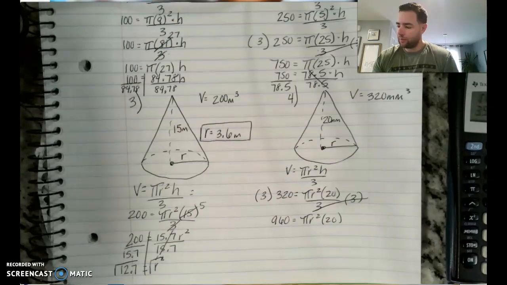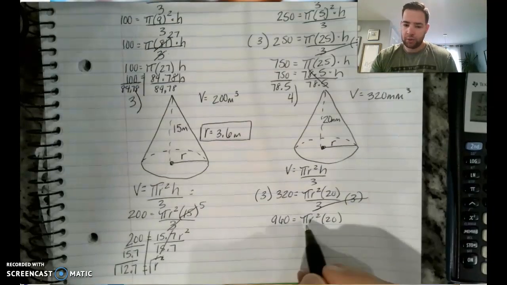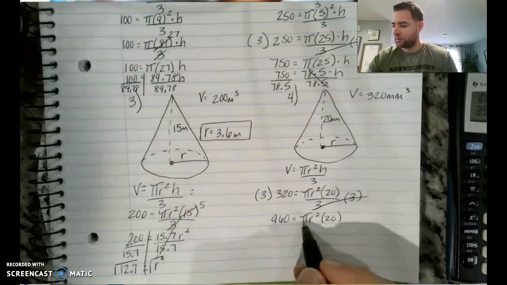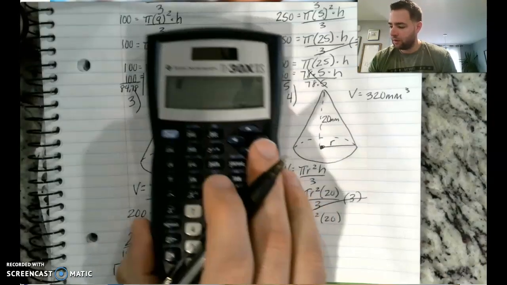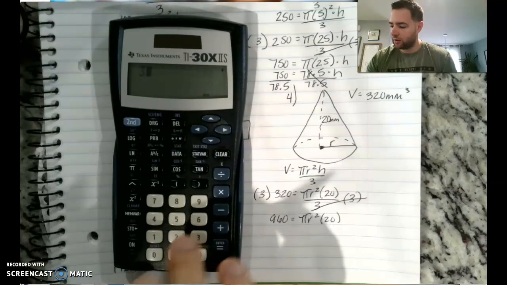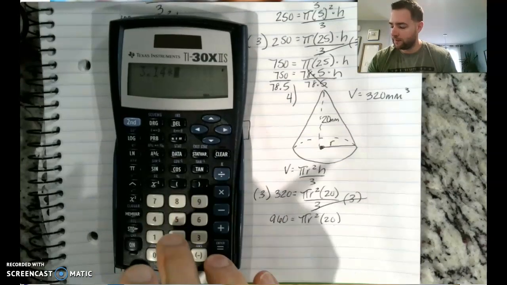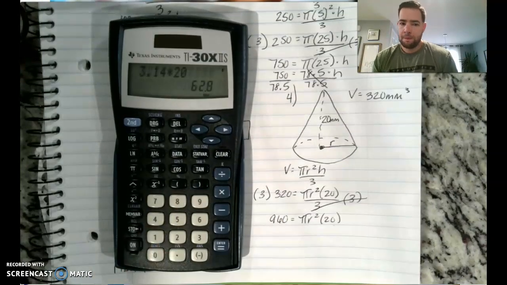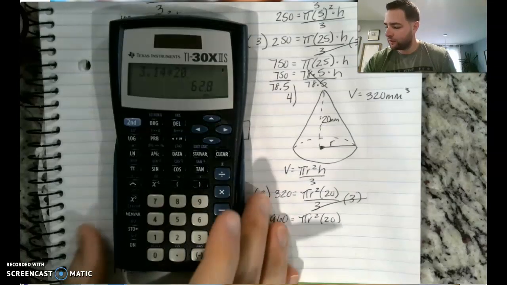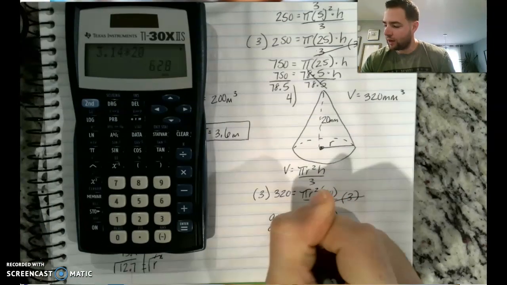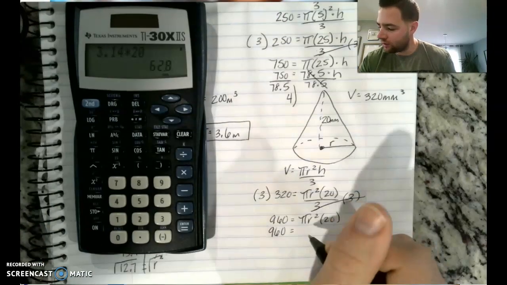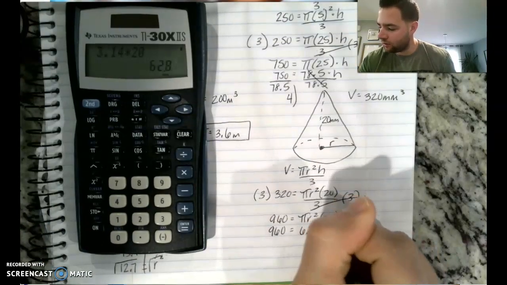Then our next step, we're going to have to multiply pi 3.14 times 20. So on my calculator, 3.14 times 20. We get 62.8. So I'm going to bring down 960 equals pi times 20 just became 62.8 radius squared.